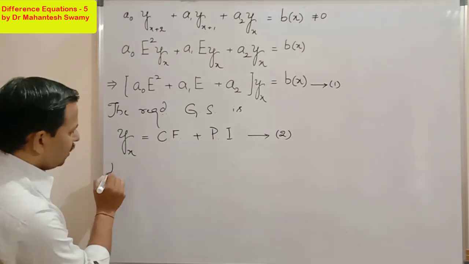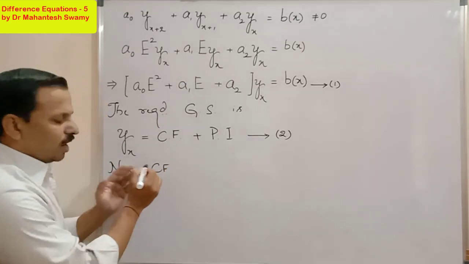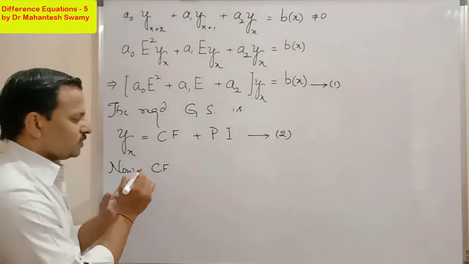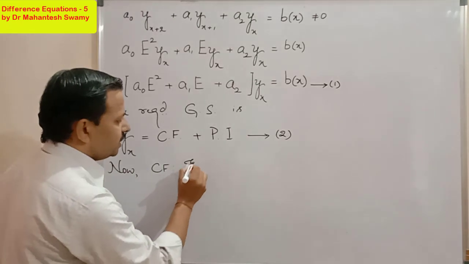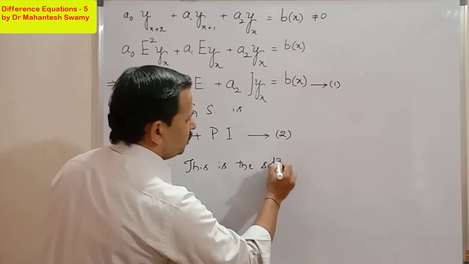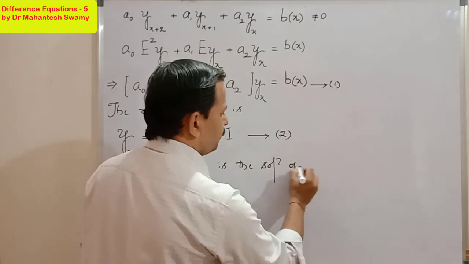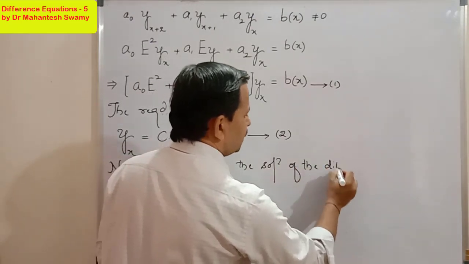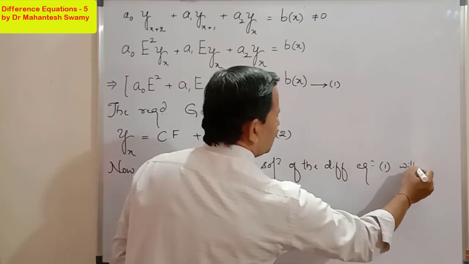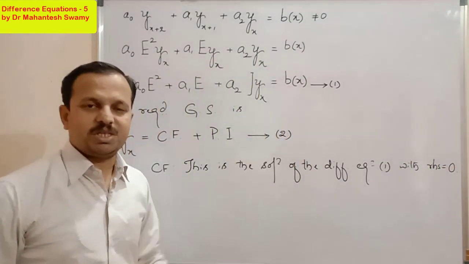So let us now write down CF. How to find the CF? CF is the solution of the homogeneous difference equation, that is the solution of the difference equation 1 with RHS equal to 0, which we have discussed in the previous videos.